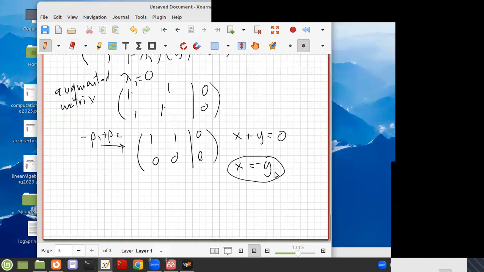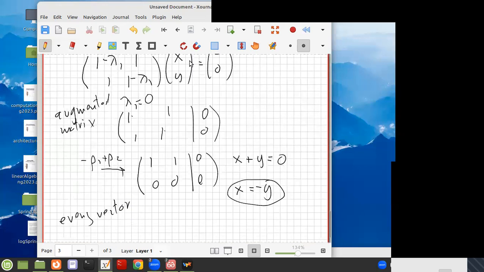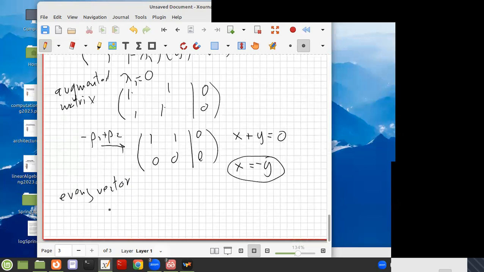So every vector (x, y) with x equal to minus y is an eigenvector. So it's really an eigenspace, because y can be any real number.